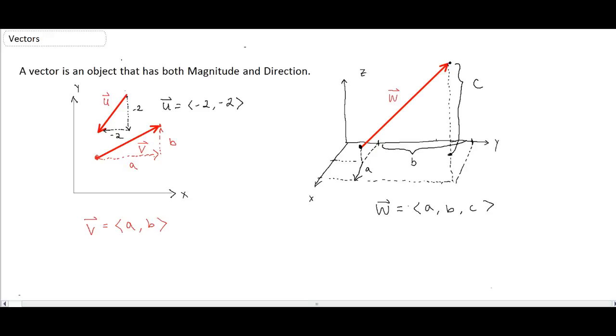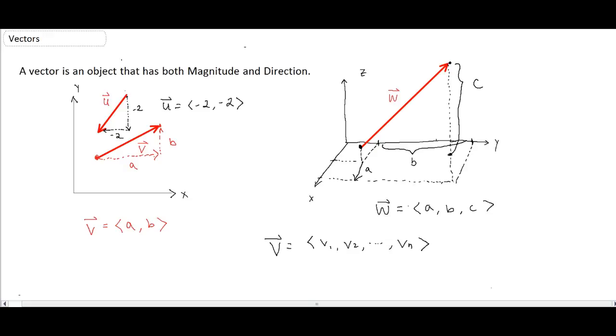In general though, if we are dealing with a higher dimensional vector, vector v can include as many components as it needs to. So it might be something like v1, v2, all the way up to vn if we are trying to represent a vector in n-dimensional space.